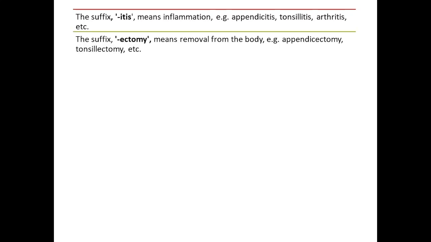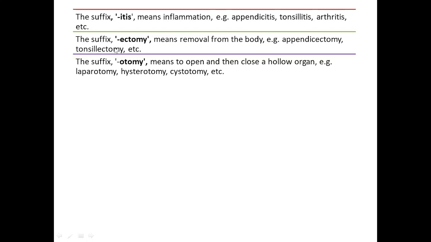The suffix itis means inflammation. For example, appendicitis, which is inflammation of the appendix, tonsillitis, inflammation of the tonsils, arthritis, inflammation of joints, etc. Then ectomy means removal of an organ from the body. For example, appendectomy, removal of the appendix, tonsillectomy, removal of tonsils. Then otomy means to open and then close a hollow organ.